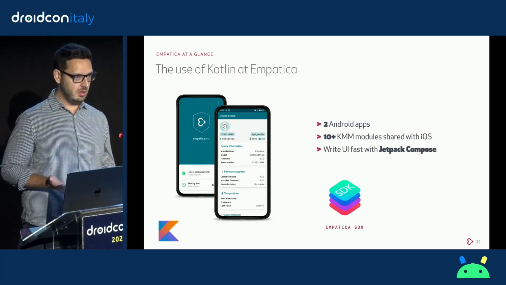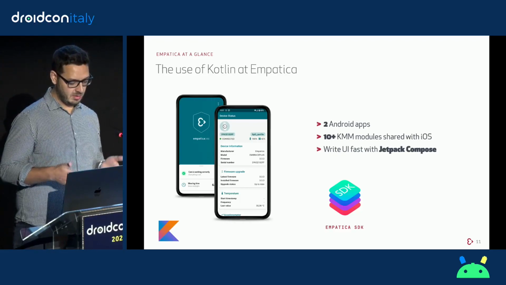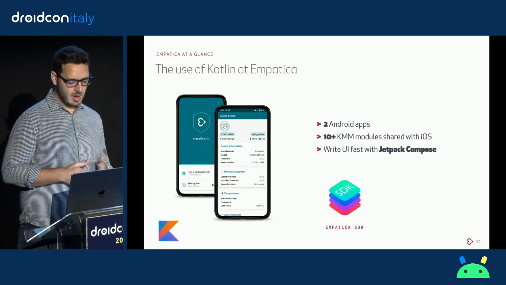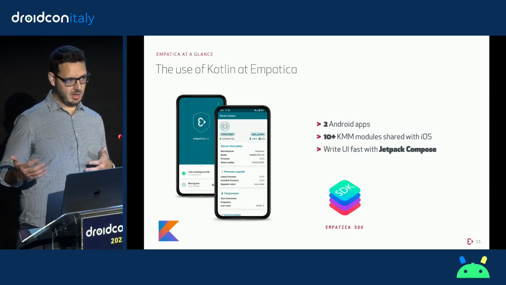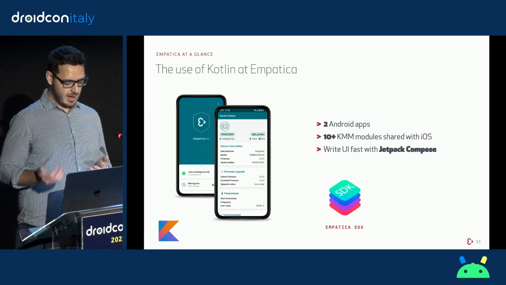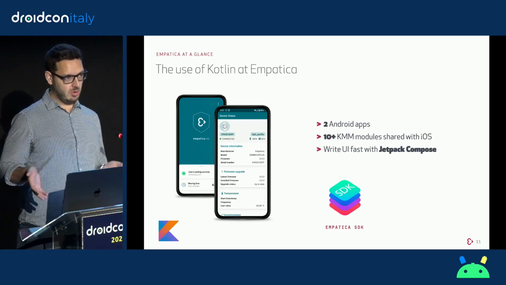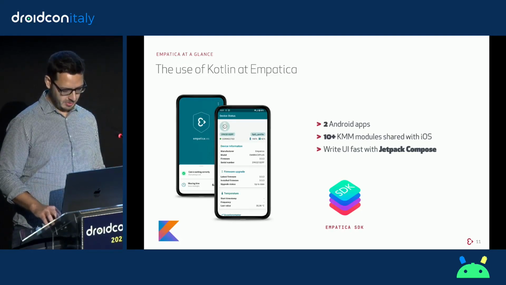We invested a lot in Kotlin: we have 100% of the code base in Kotlin with the latest patterns, and we share a lot of logic with the iOS part using Kotlin Multiplatform. We already use Compose even in production. It's great.